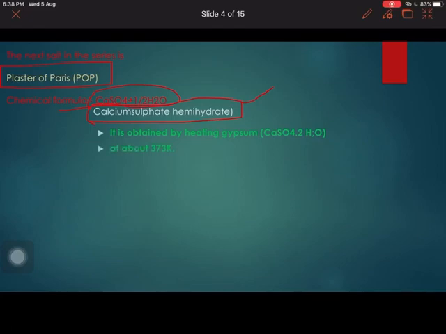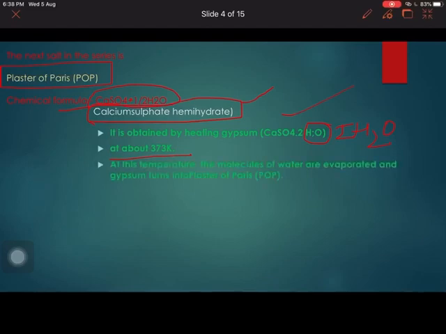How is it obtained? It is obtained by heating gypsum, that is calcium sulfate with two molecules of water, CaSO4.2H2O. At about 373 Kelvin, when we heat this gypsum, we will get plaster of Paris hemihydrate.